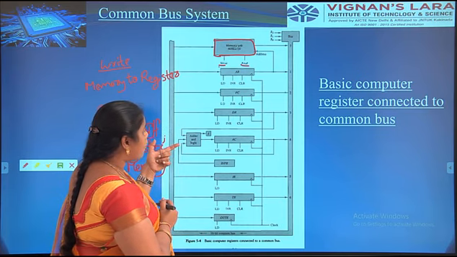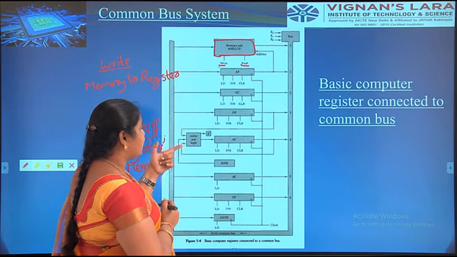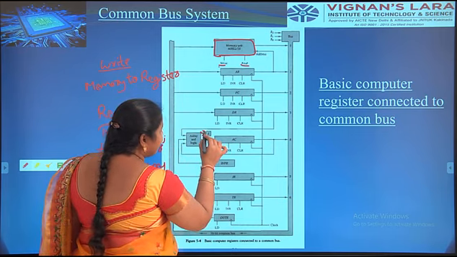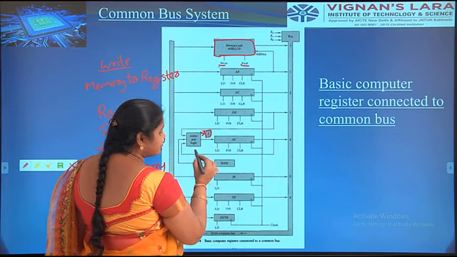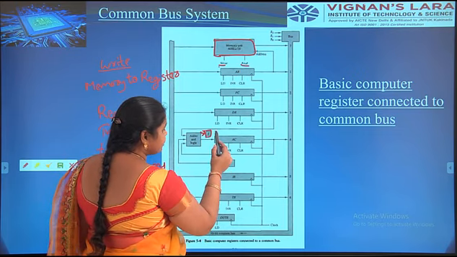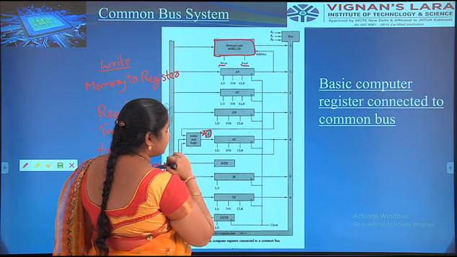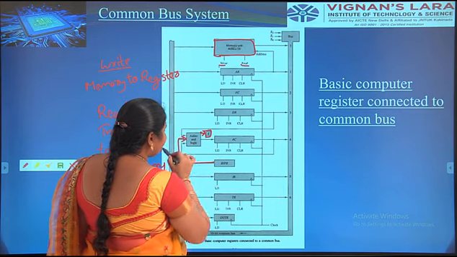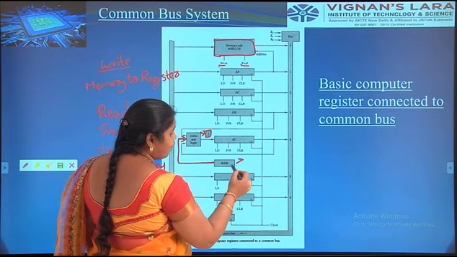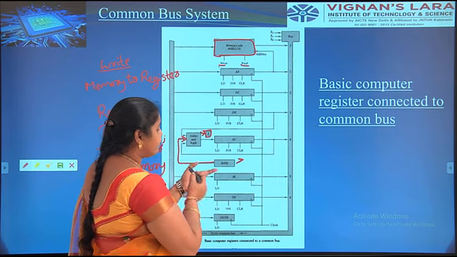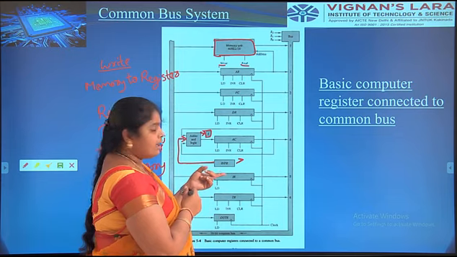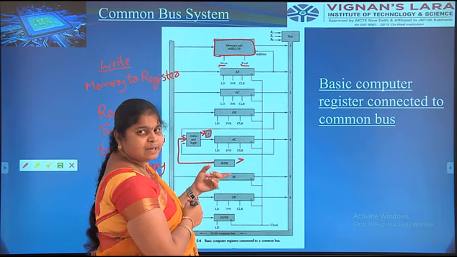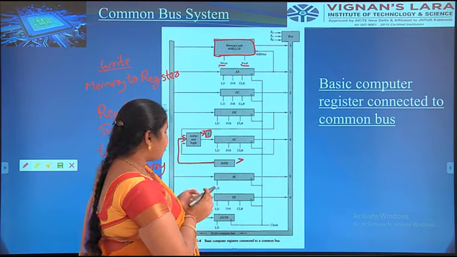With the help of the adder and logic circuit, they perform operations. If a carry occurs, it is stored in E, the carry of that register. Here also load, increment and clear operations are present. The input is also connected to the adder and logic. Whatever calculation is performed, the information is taken from INPR, meaning the input devices.